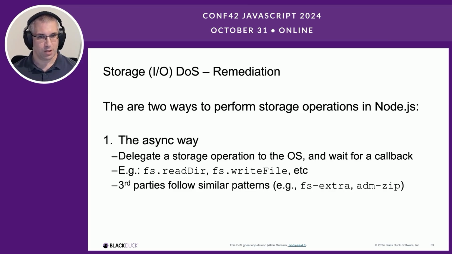We have the async way, such as fs.readdir or fs.writeFile, which delegates the I/O to a worker thread, and all sorts of third-party libraries like fs-extra, graceful-fs, adm-zip have the same patterns. Perform a call, you provide a callback, the I/O happens in a worker thread in the background, does not block the event loop, and once the I/O is done, you get a callback with a result.